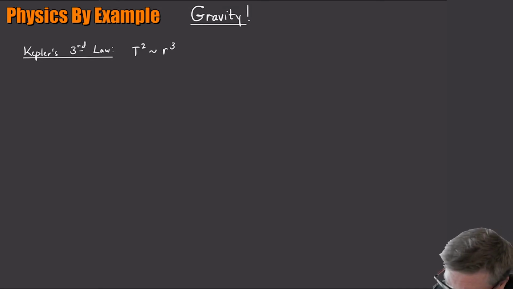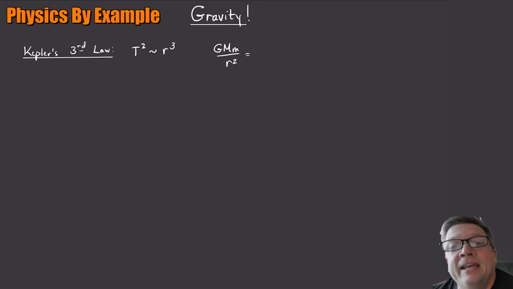Okay, so we go back to circular motion, right? For circular motion, you sum the forces on something, set it equal to mass times how it accelerates. And so for the case of a planet or satellite going around a massive object, the only force acting, we'll say, is gravity. So you would just have G times the mass that you're orbiting times the mass of the satellite divided by distance squared is equal to a_c, right?